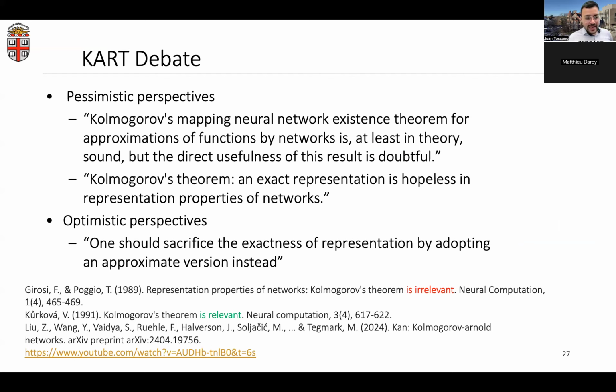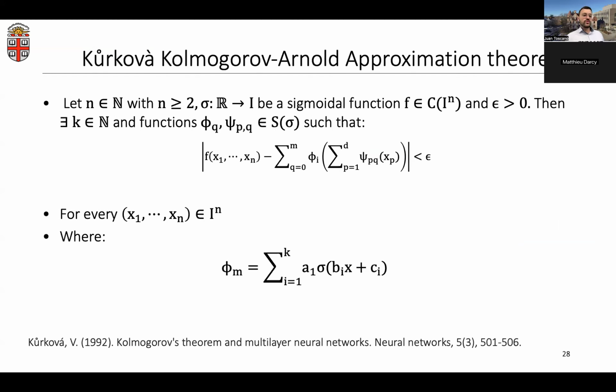So, this optimistic perspective is what we are aiming for. The KKAN stands for Kürková, which means we're not aiming for exactness but for approximation. The Kürková approximation theorem says something along these lines.